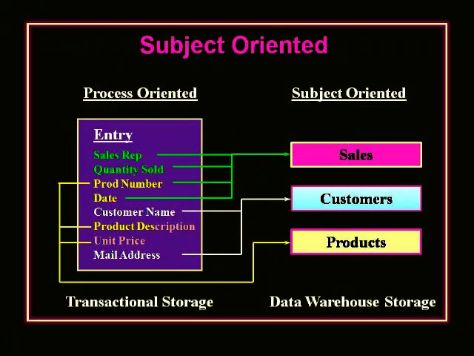So what is subject oriented? If you observe the slide, there are two different comparisons given, by taking the process oriented and subject oriented. Sales representative is denoted as sales rep, quantity sold, product number, date, customer name, product description, unit price, mail address. All these things may be used in your process oriented information, but here you are grouping all the data related to sales into the sales subject area.